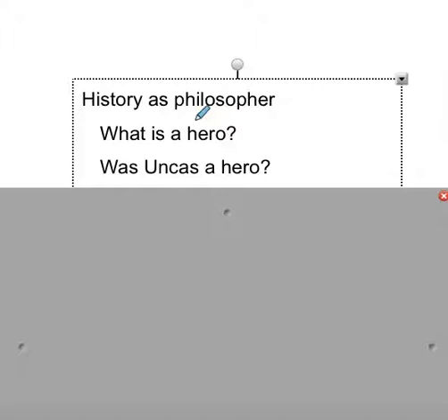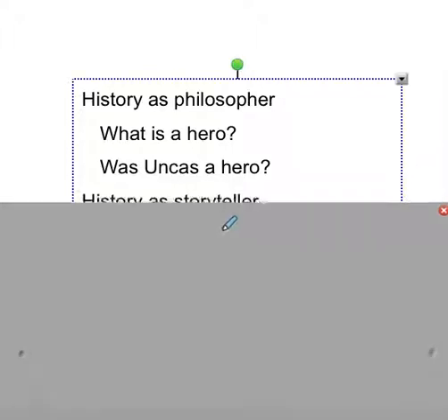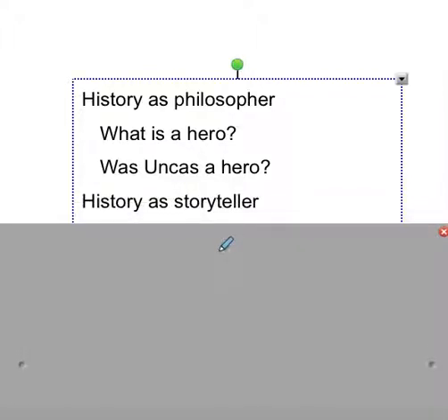So for instance, we're not really doing a major study of a historical period. Instead, what we're doing is we're investigating the purposes or the uses of history. And our second example of that is history as storyteller.